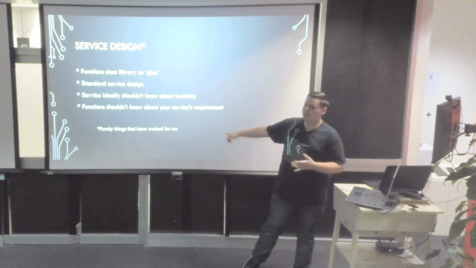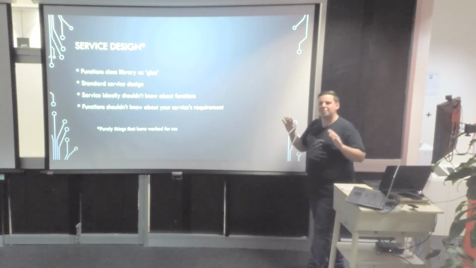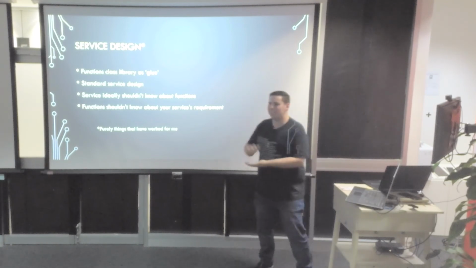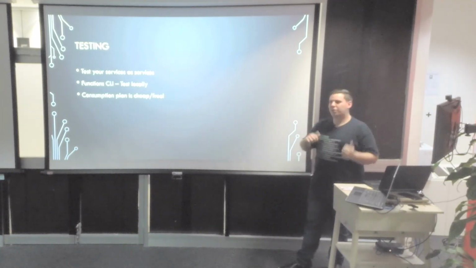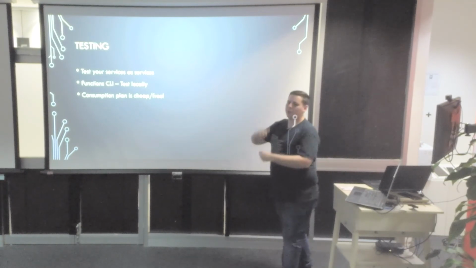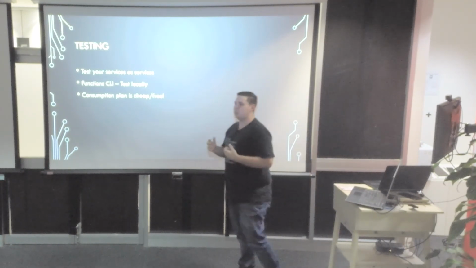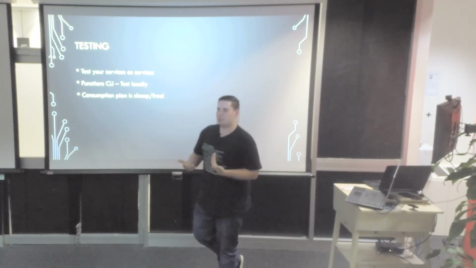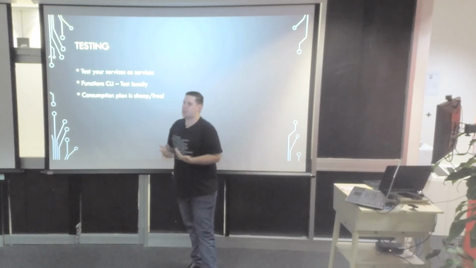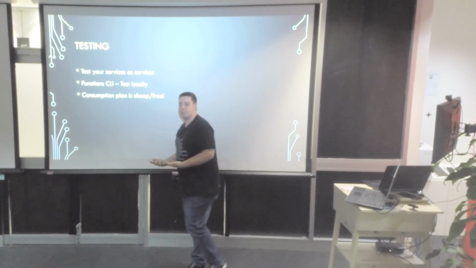I'm going to mark this with saying these are purely things that have worked for me. Take them or leave them, but it turns out well. Because when you move into the testing component of Azure Functions, this is where things become really tricky. You might have noticed previously that the method signature for our Azure Function entry points are static.